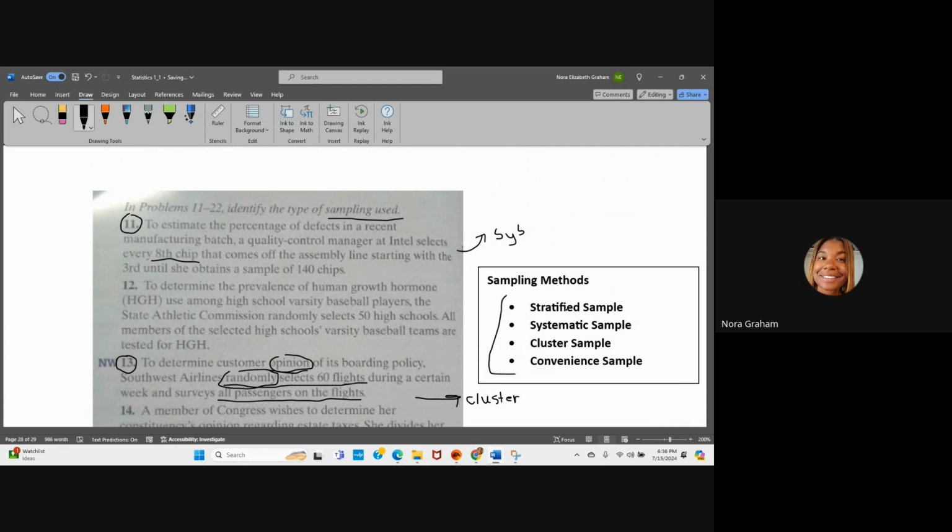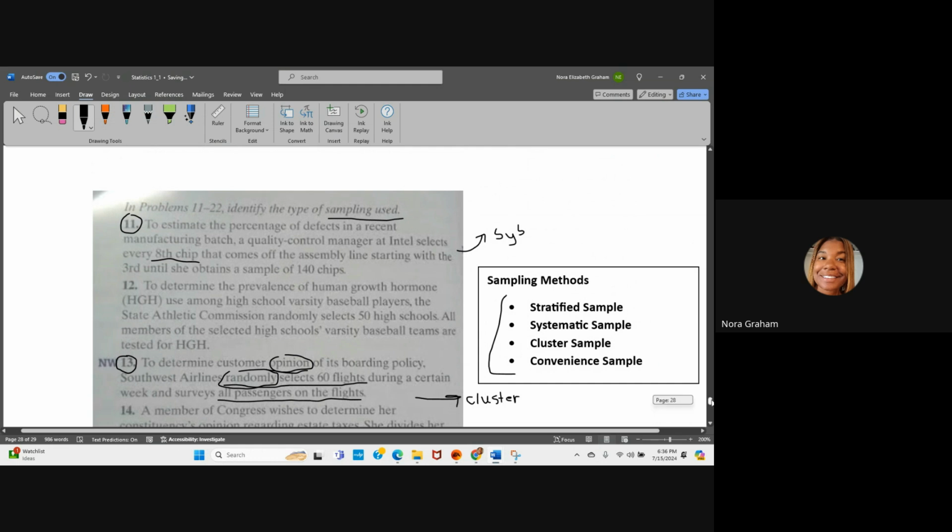Stratified goes by dividing groups, but the whole group is homogeneous. They're all the same. Okay, they're all the same age range, or you can cut them into different age ranges and stuff like that. I don't think this is stratified.